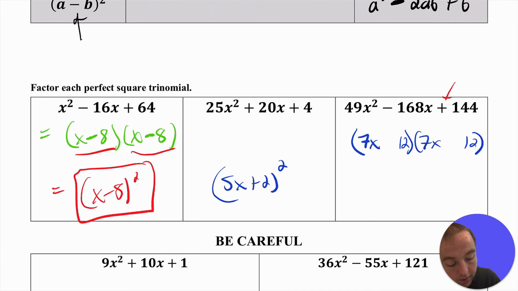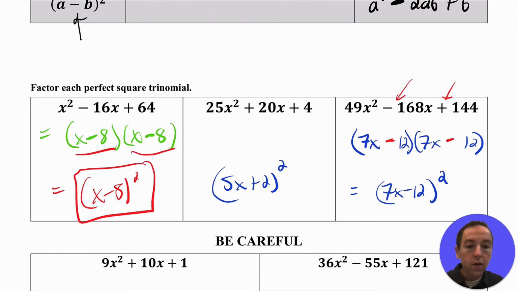Clearly, if that's a plus and that's a minus, then both of these would need to be minuses. So we would get on the outside negative 84x and then another negative 84x, and that does combine to be negative 168. So this does turn out to be the factored form. Then, because they're the same factors, you could simplify that down to just the square of the quantity 7x minus 12.